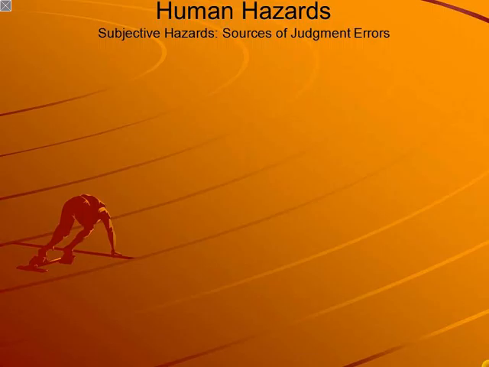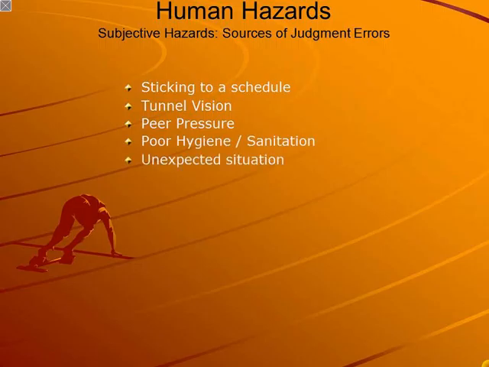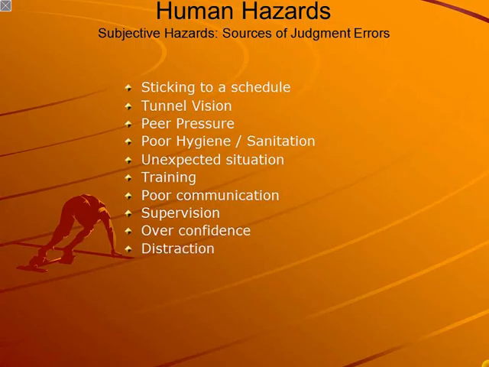Human hazards are those related to all humans that are present in the work, like adhering to a schedule, peer pressure, or situations meaning poor communication, supervision, overconfidence, leadership. Same as before, think of other human hazards that can happen.